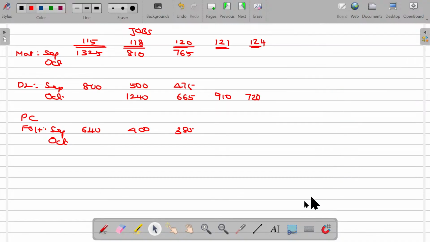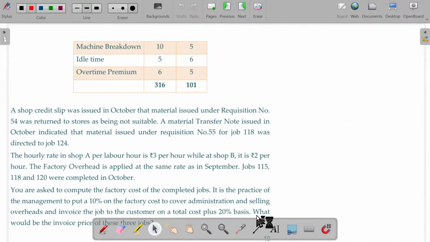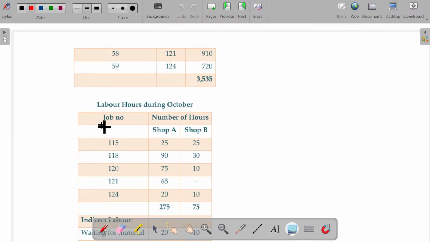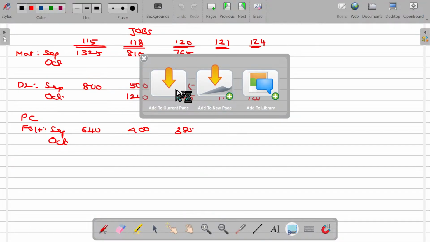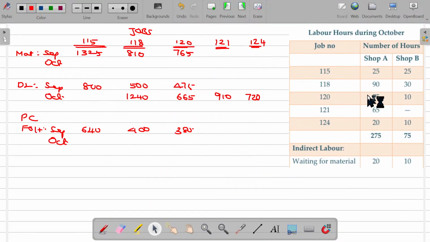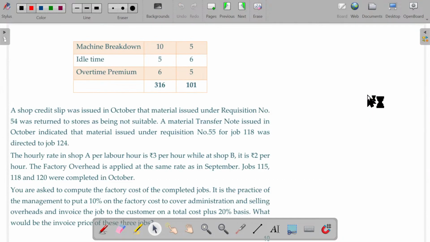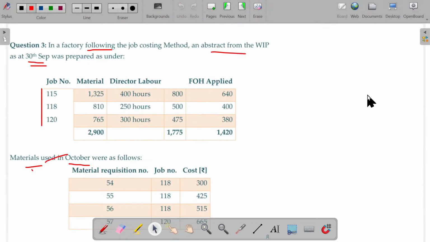Partially done in the previous year, partially done in this current year. We'll now start with labor hours during October. Wait. Material? Whatever the information, what's the value you're getting? Is this total?